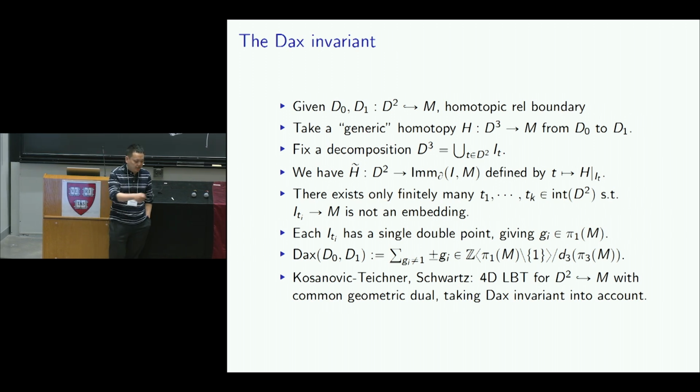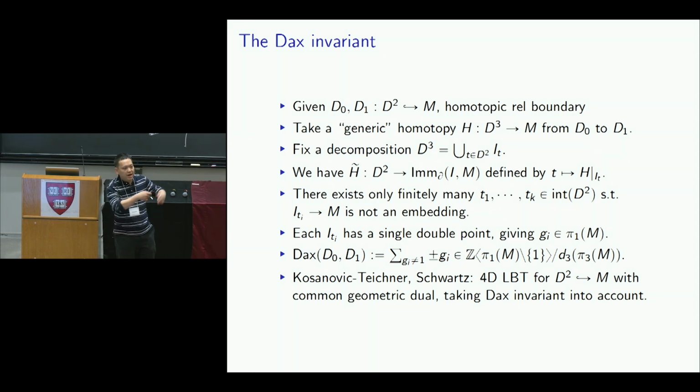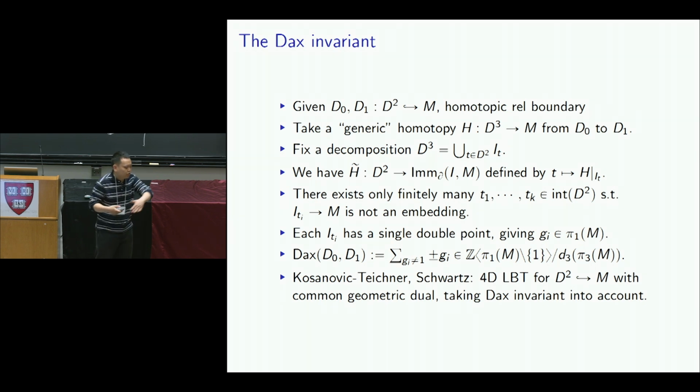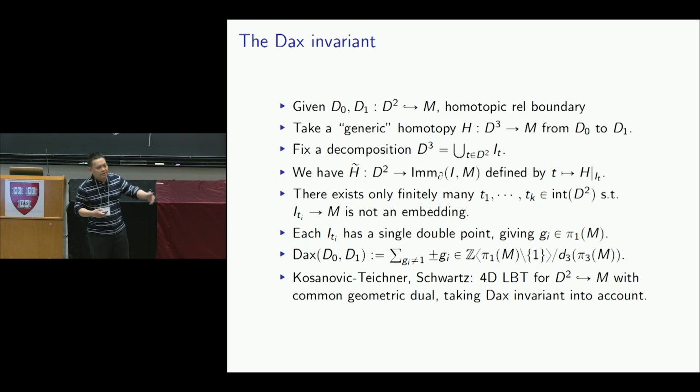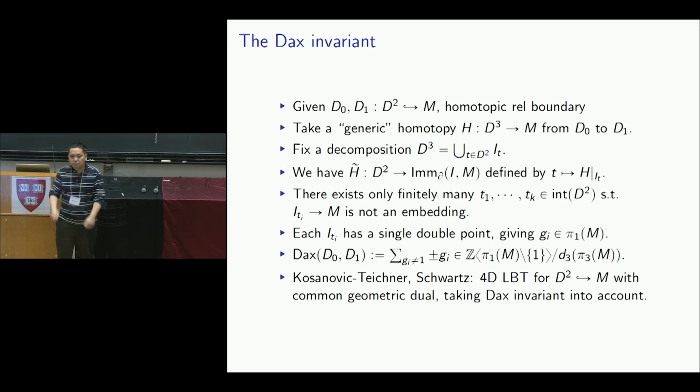Basically, under some mild assumptions, they prove that if two embedded disks have a common geometric dual, for example in the boundary, and if their relative Dax invariant equals 0 and the Freedman-Quinn invariant also equals 0, then they are smoothly isotopic to each other. Some result like this.